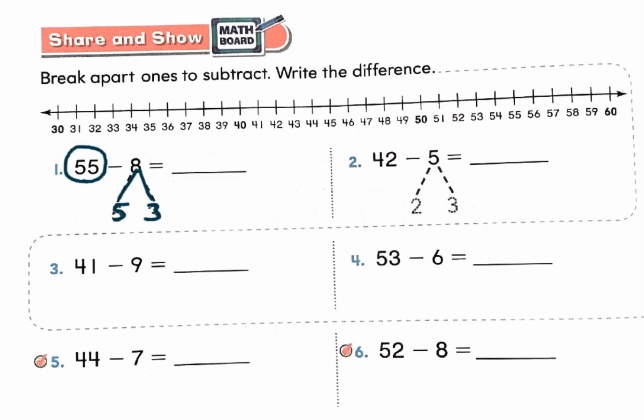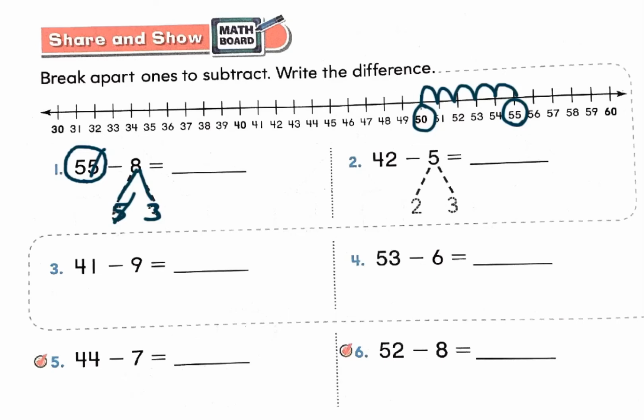But we're subtracting, right? So we're going to do 5 minus 5. Let's use the number line. Go to 55. And we're going to subtract 5. Here we go. 1, 2, 3, 4, 5. And we have 50. Awesome.